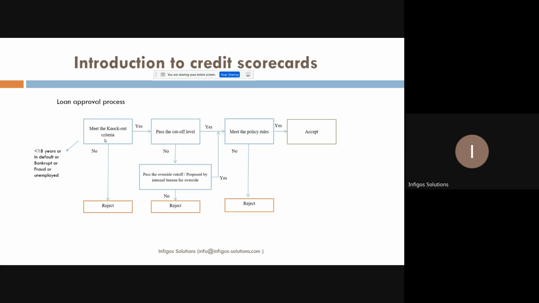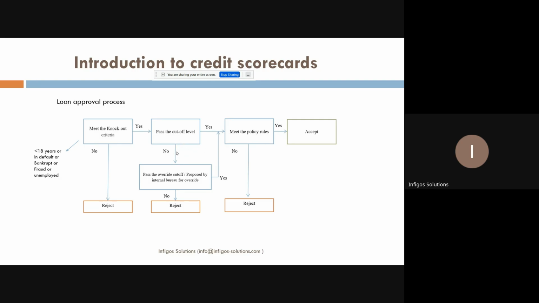Based on this criteria, you decide whether he has basic qualification to get the loan. And then you do the scorecard thing with him and see whether he passed the cutoff. If he passed the cutoff, then we check whether he passed the policy rule. If he passed the policy rule, you accept.